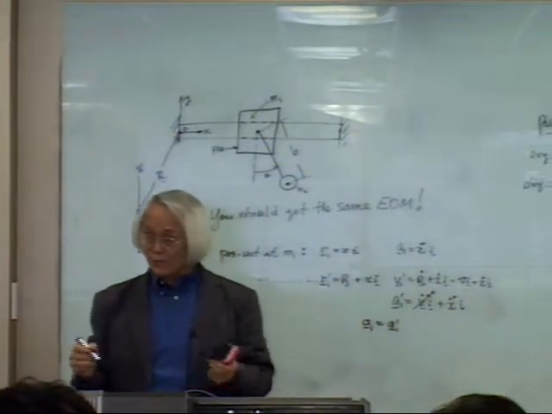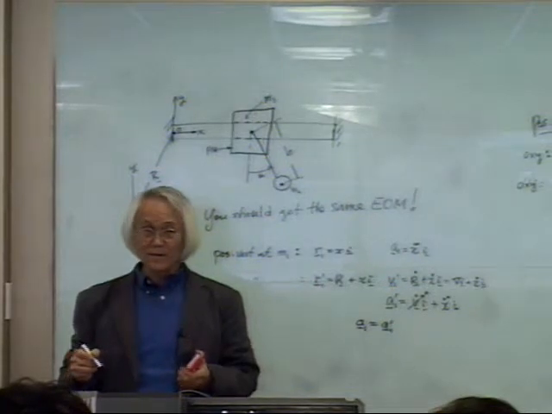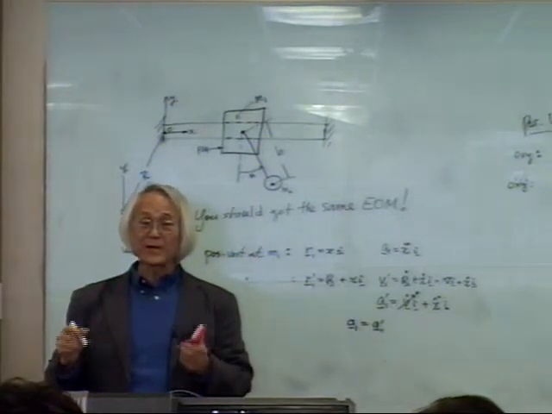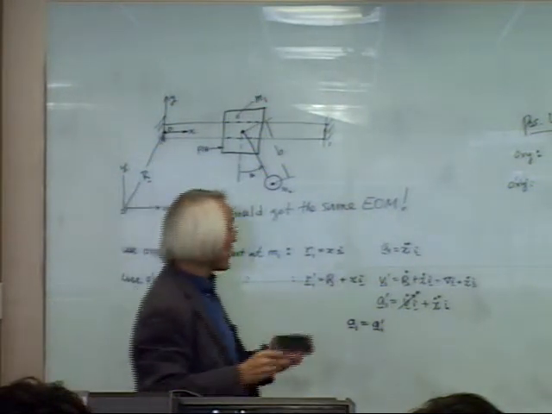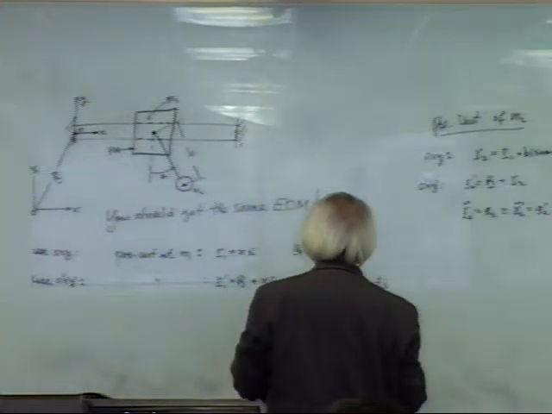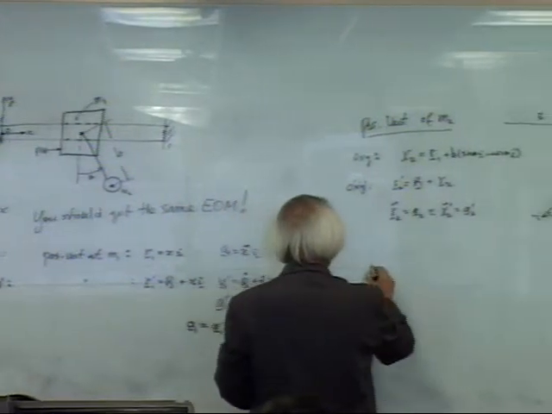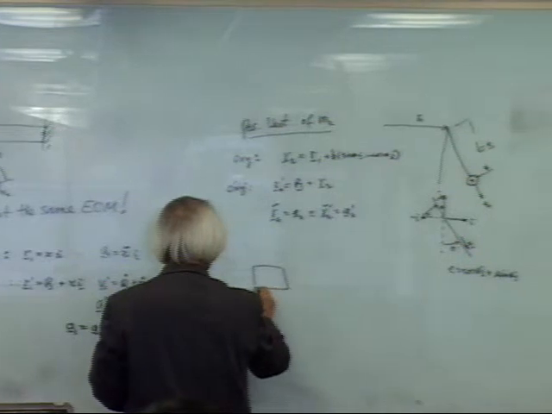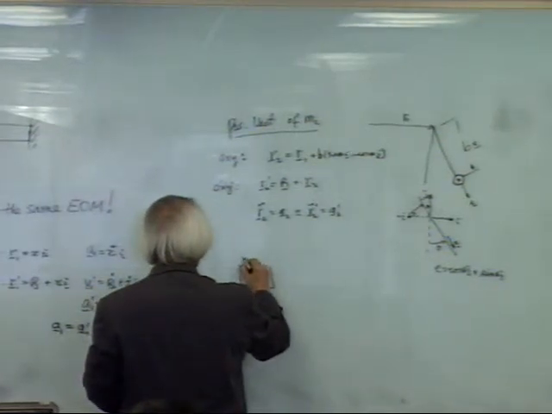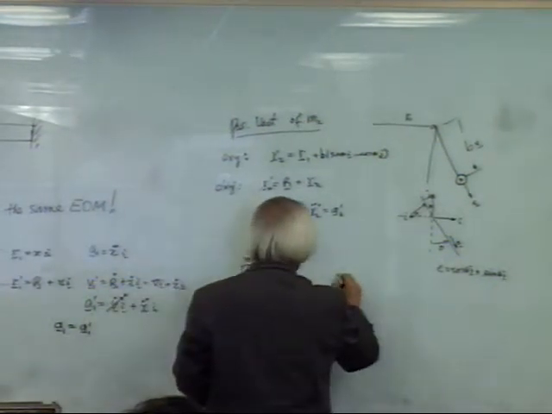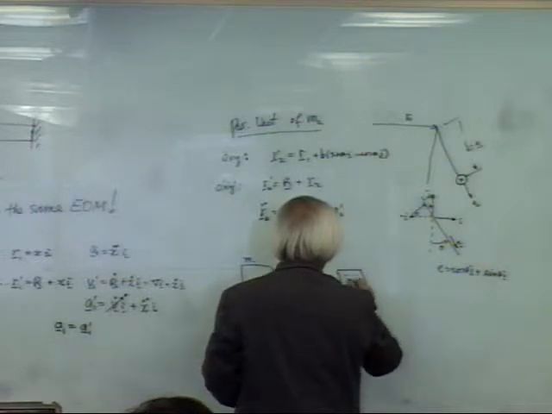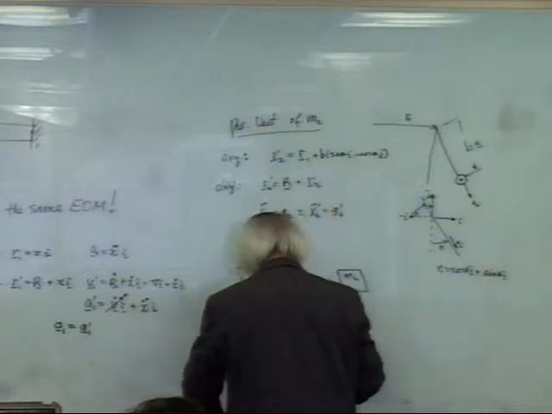Okay. Now what we need is to identify some reaction forces. And to do that, we need a free body diagram, right? So we have two free body diagrams. There's one, that's mass 1. There's another one, that's mass 2.